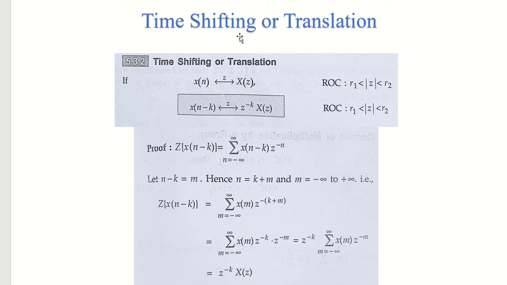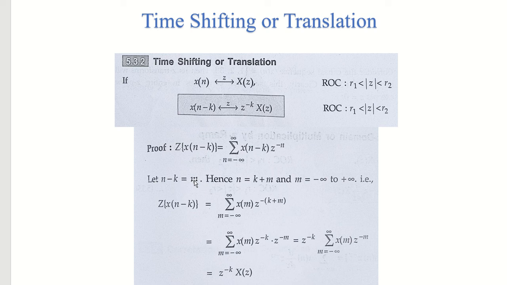Now how does that happen? Let's see the proof of that. So let's say I have a signal x of n minus k, and I'm taking the Z transform of my signal. The formula of the Z transform will look something like this: summation n equals minus infinity to infinity x of n minus k z raised to minus n. Now let's say n minus k equals m.